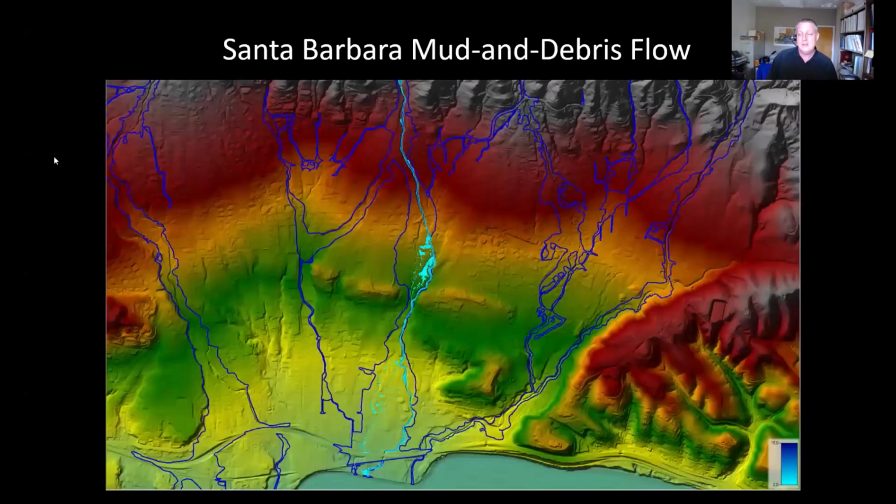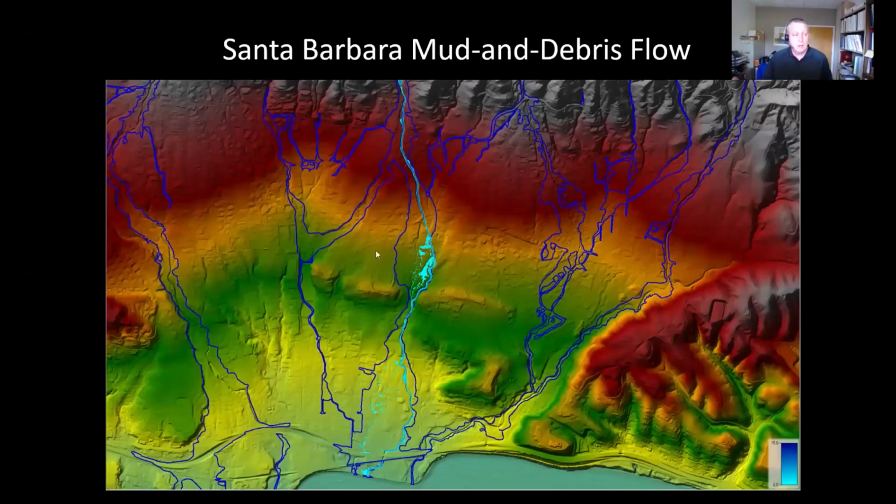We got into the non-Newtonian space because of post-wildfire events, mainly the Santa Barbara post-wildfire, and we tried to model this with RAS. Here are the boundaries of that event measured by the USGS, and here's what I like to call the blue water answer that RAS gave, which is just inappropriate.